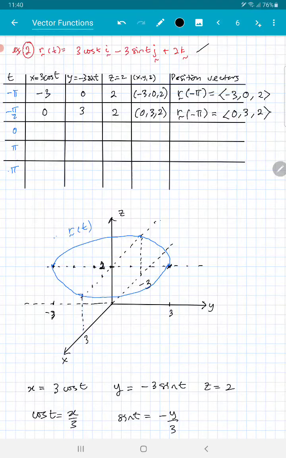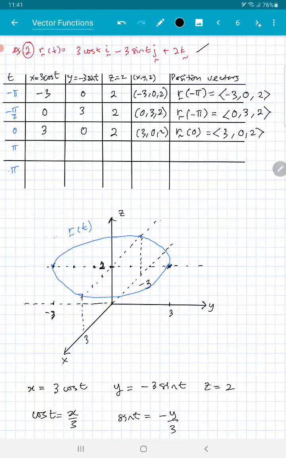Now when t is 0, cos 0 is 1, so x is going to be 3. Sine 0 is 0, and z is always 2, so we have another point, 3, 0, 2, and another position vector, 3i, 0j, 2k.